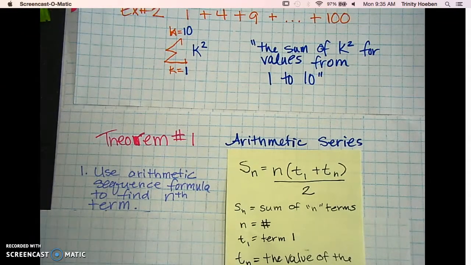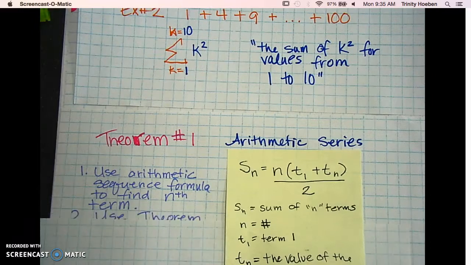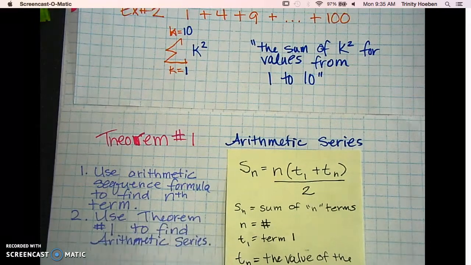That's what you did on that worksheet. Okay? So that's the first thing. Once you've got that number, you'll need to plug it into Theorem 1. Sounds kind of complicated, but it's really just plugging in a bunch of numbers.